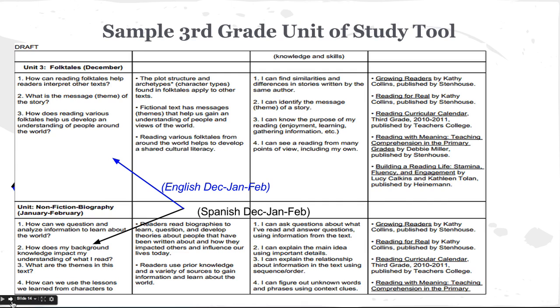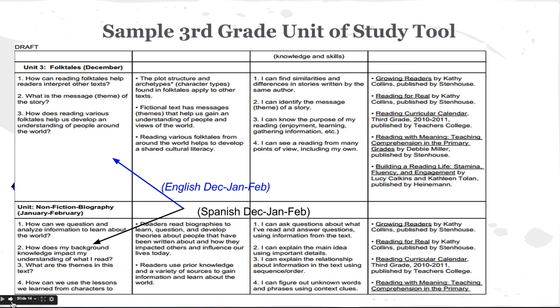Key to marrying the dual language biliteracy continuum with the units of study you will be asked to use is the critical planning of which units to teach in which language starting in second grade. It is extremely important to teach units simultaneously, but for longer periods of time as the sample shows above.